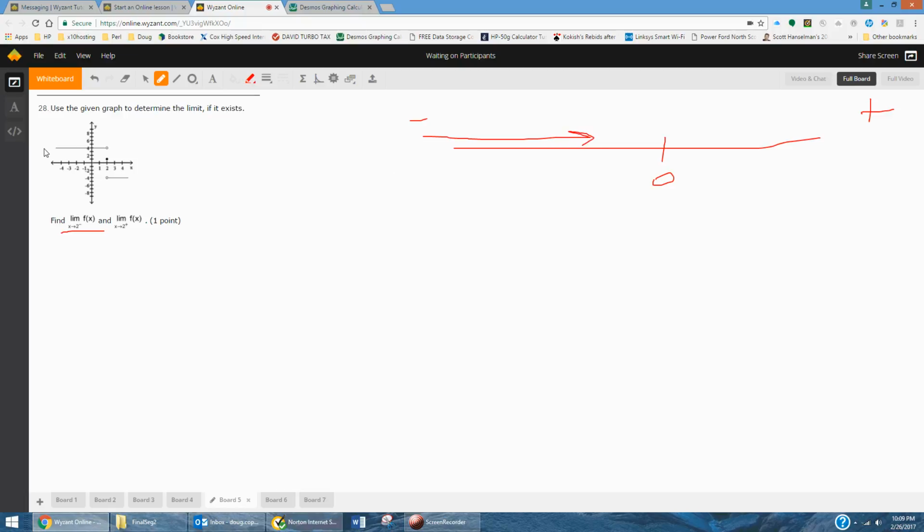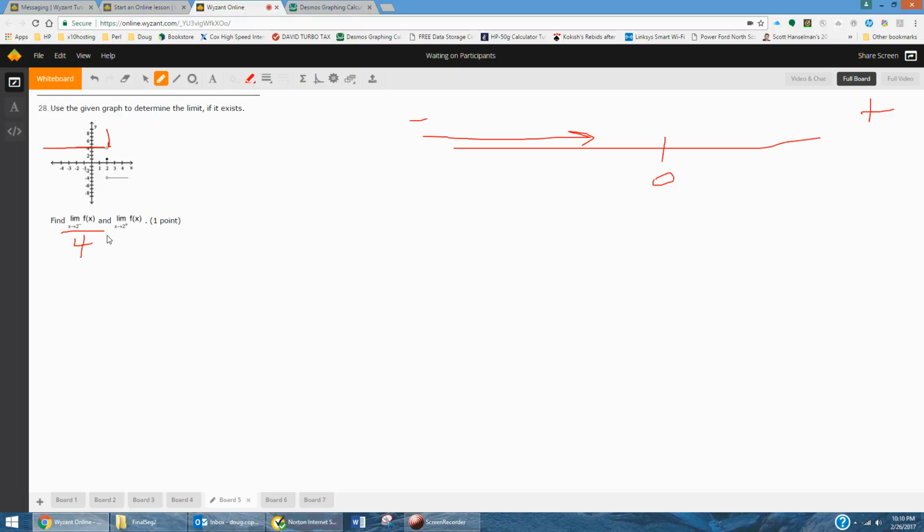So as I come in from the left, I'm following this graph. When I finally get close to 2, I'm getting close to the y value of that point right there. Well, the y value of that point is 1, 2, 3, 4. So the limit from the left is 4.